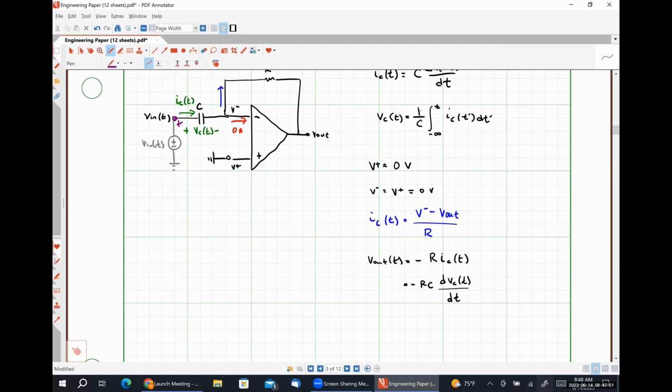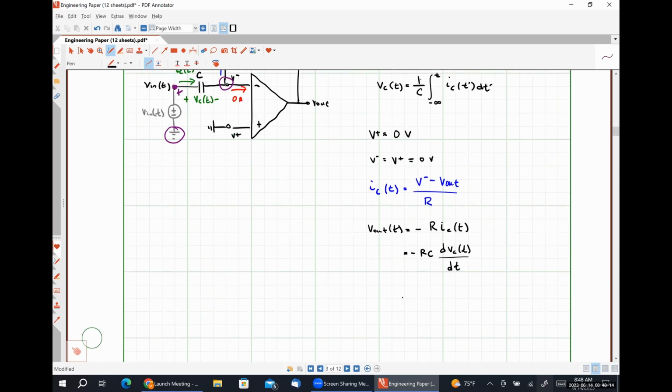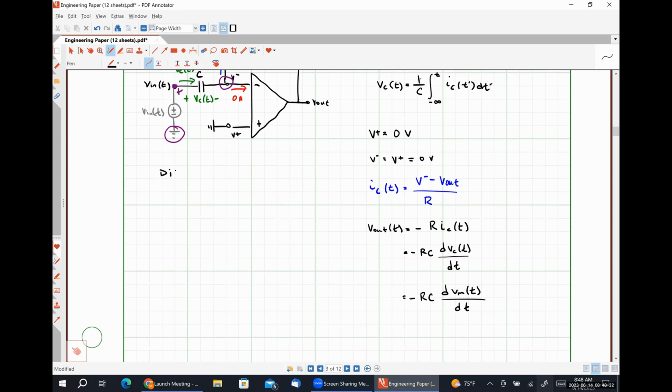The negative polarity terminal of Vin is at ground, and the negative polarity terminal of Vc is at V minus, which is 0 volts, or effectively the exact same voltage as ground. So Vc of t and Vin of t represent literally the exact same signal. Therefore, V out can be given as negative RC times the derivative of our input voltage with respect to time. So this is what's called a differentiating amplifier.